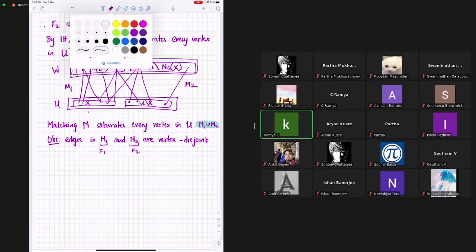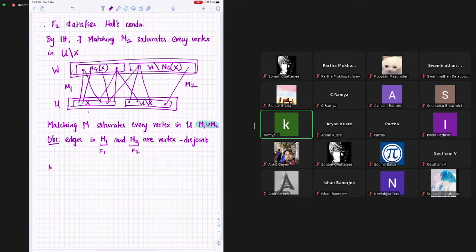So this is indeed a matching. So M1 union M2 is a matching in G that saturates every vertex in the smaller vertex set.